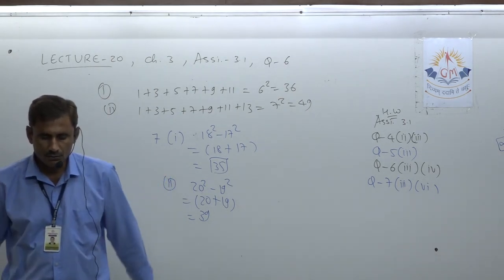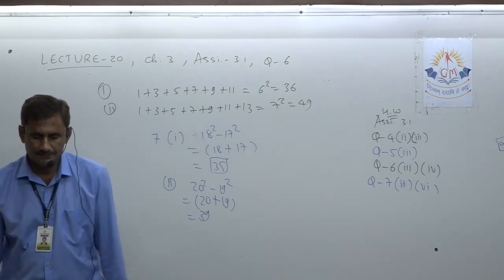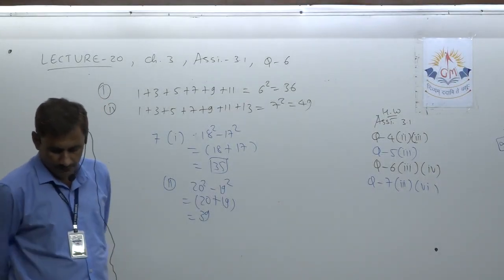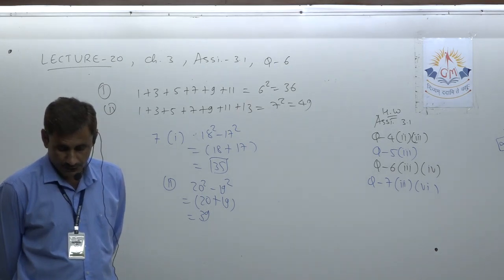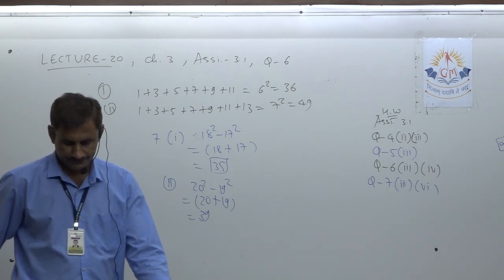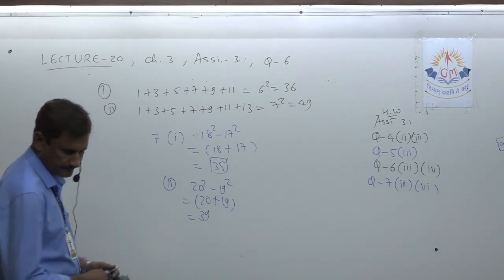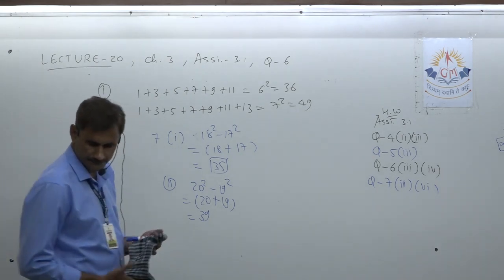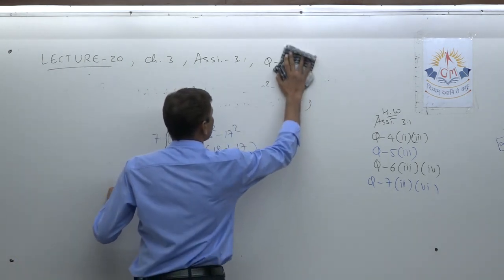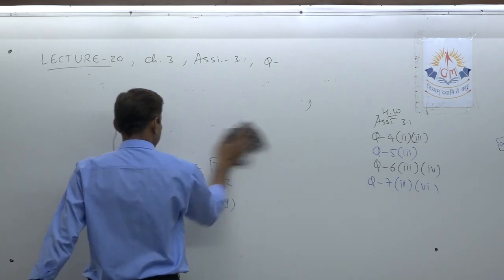Okay, now look at the pattern. 1 square is 1, 11 square is 121, 111 square is 12321. Okay, like that. So now we are at question number 8. Look at the first one.